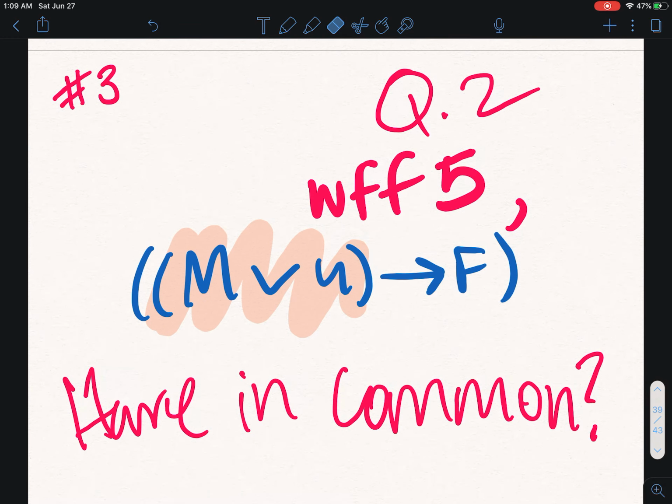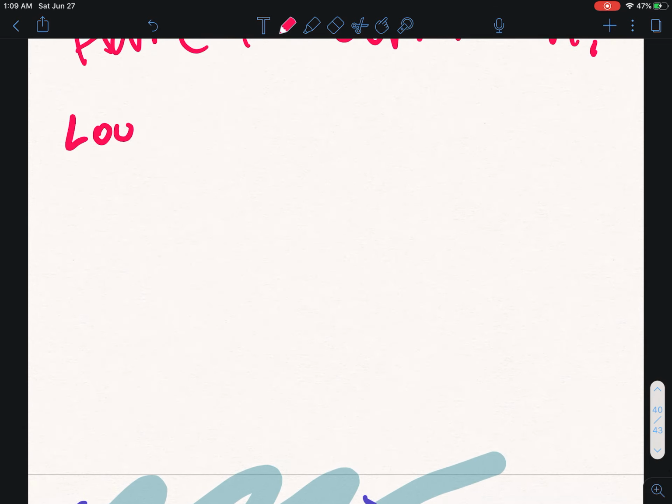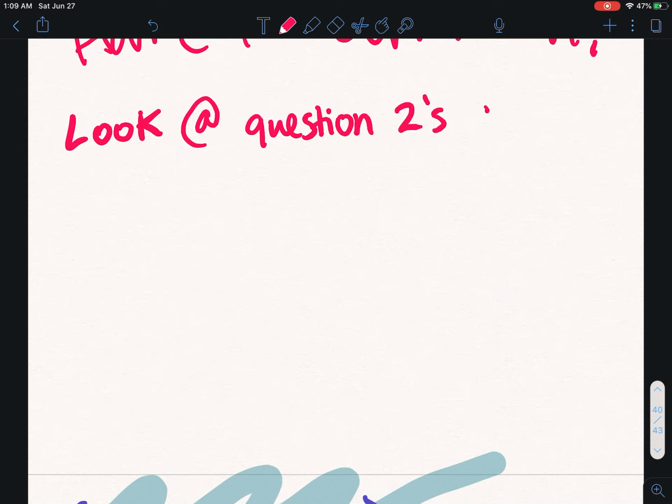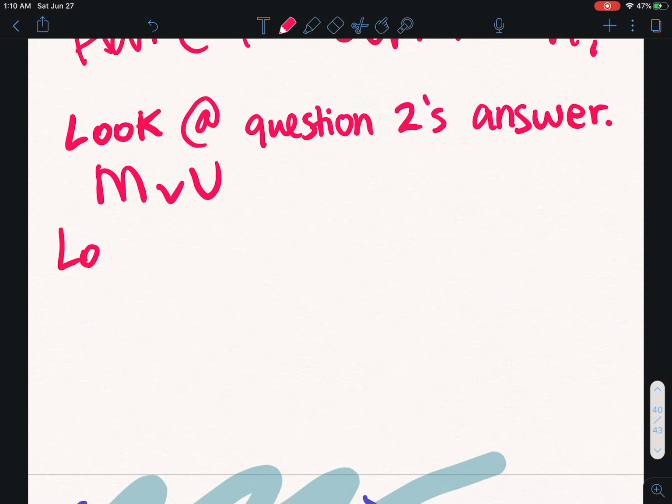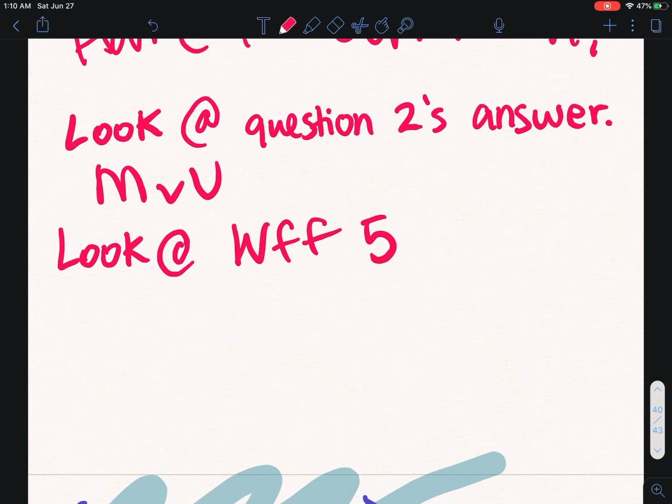It's basically saying, when it says consider the answer to question 2 and consider the 5th wolf as well as the arrow, think of the question rewritten as: look at question 2's answer. And then you look at wolf 5.